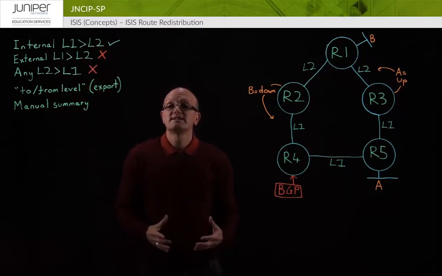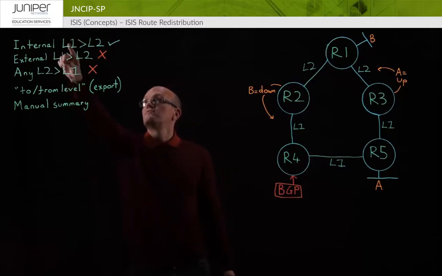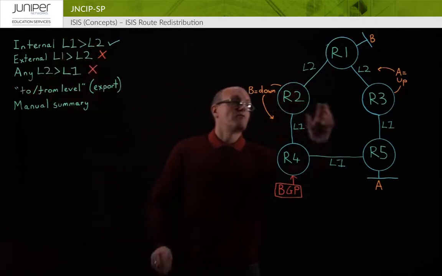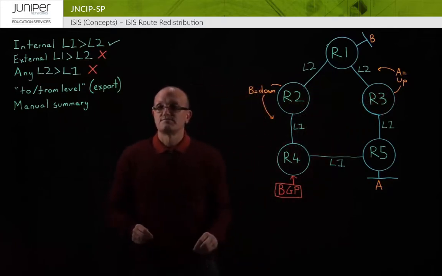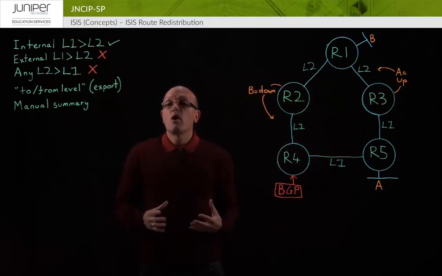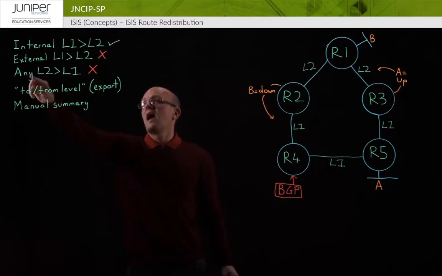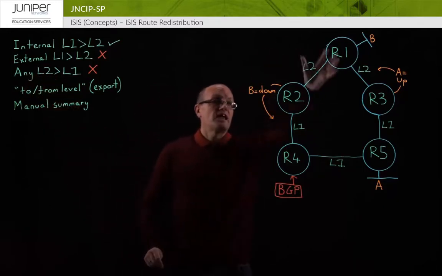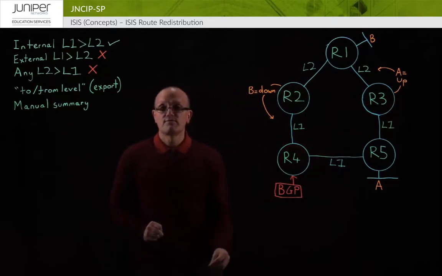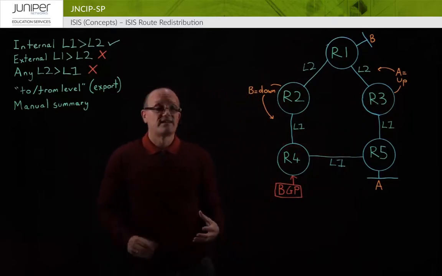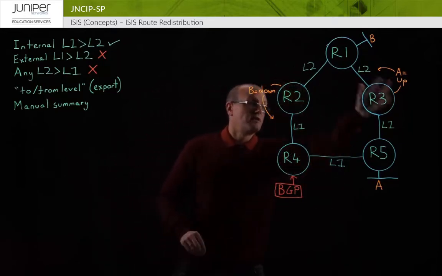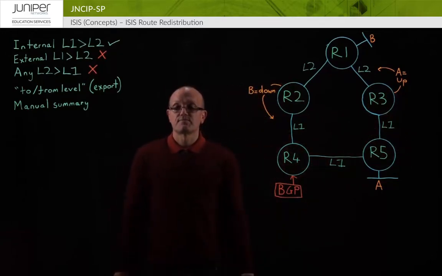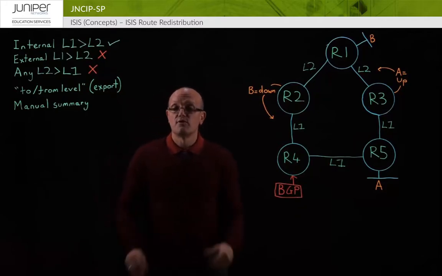So we are propagating routing information from level 1 to level 2 on our level 1, level 2 routers. What we're also doing is that any routing information coming from level 2 into those level 1, level 2 routers, we are not propagating that information down into the level 1 only speaking devices. We've talked about these two rules before.